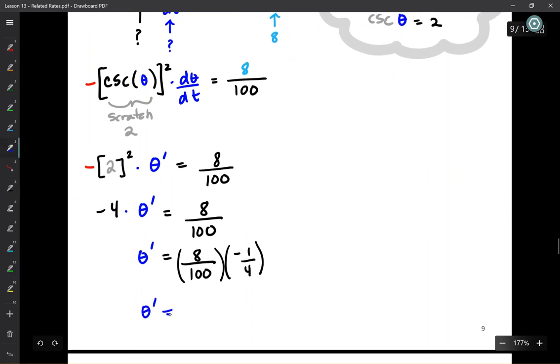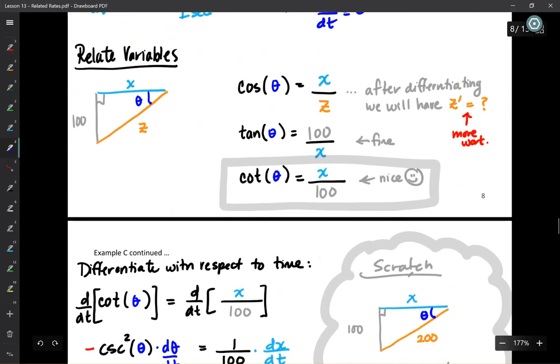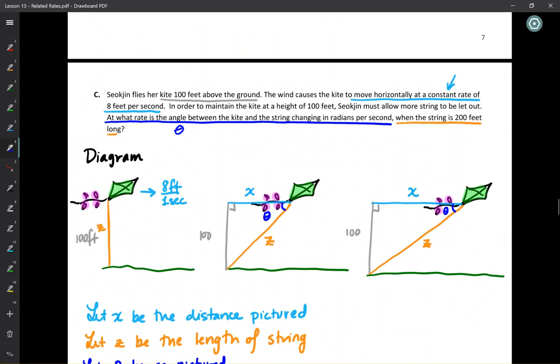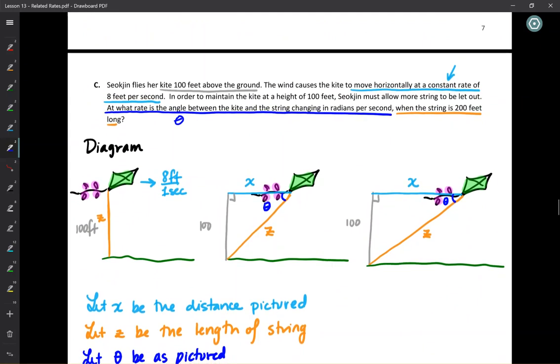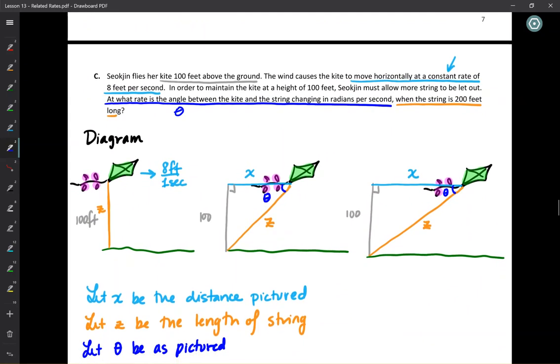Theta prime is equal to minus 8 divided by 4 is 2, and 2/100ths is a 50th. Radians per, and what were the time units initially? They were seconds.